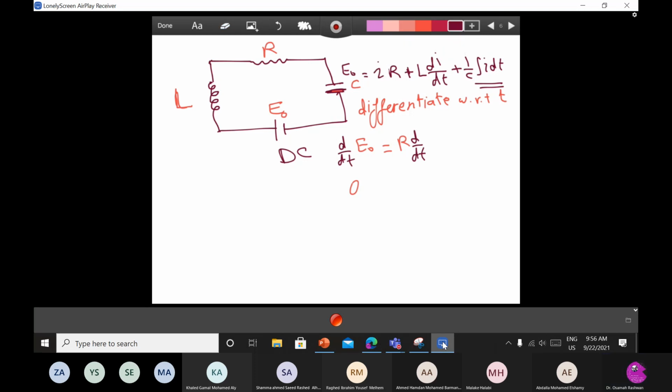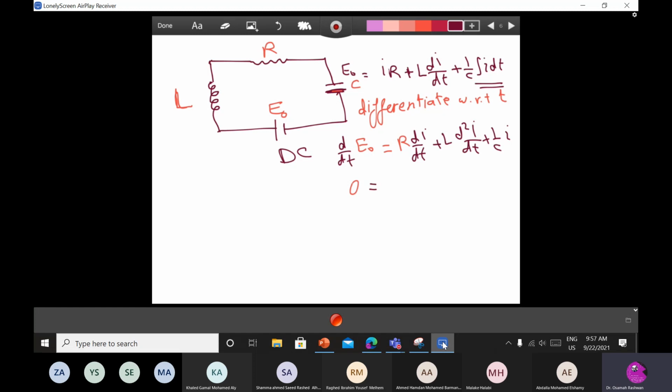R di by dt plus L d squared i by dt squared, and when you differentiate the integration, you will have the original function i.